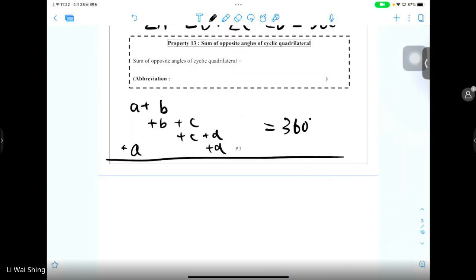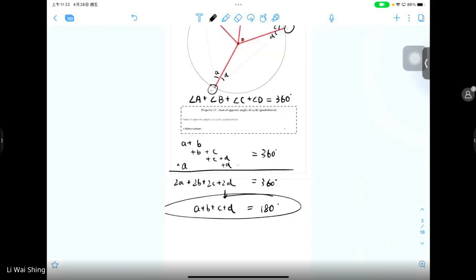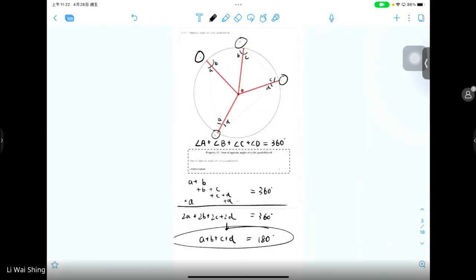From this formula, 2A plus 2B plus 2C plus 2D would equal to 360. Therefore, A plus B plus C plus D must equal to 180. 得唔得？一個四邊形四隻內角加埋咪360咯。咁跟住標翻出嚟 ，A 加 B、B 加 C、C 加 D、A 加 D， 四隻加埋360。Simplify A plus B plus C plus D equals to 180.